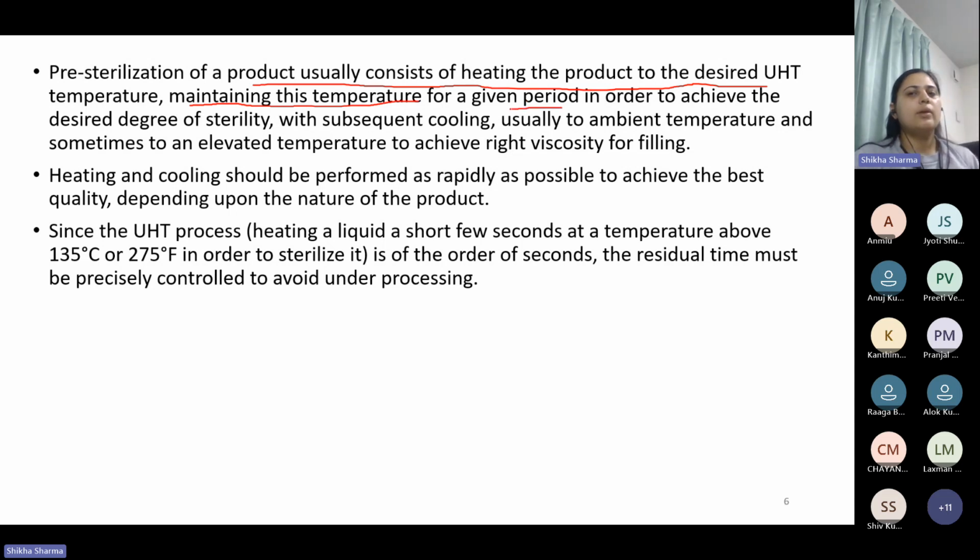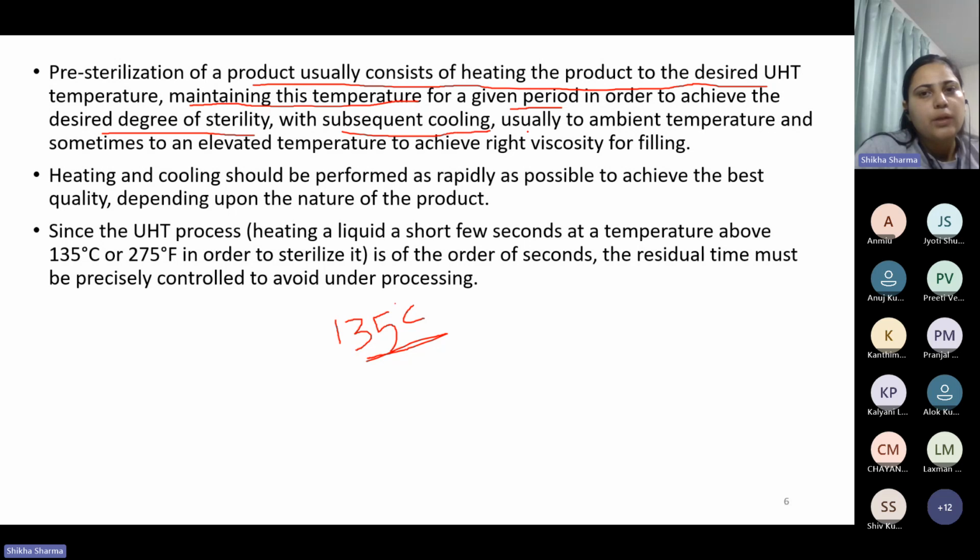UHT treatment mainly occurs above 135 degrees Celsius and holds for a few seconds, so that we achieve the desired degree of sterility.